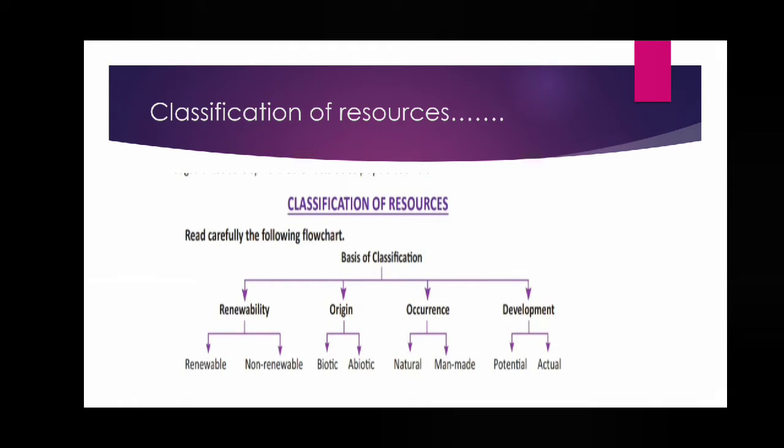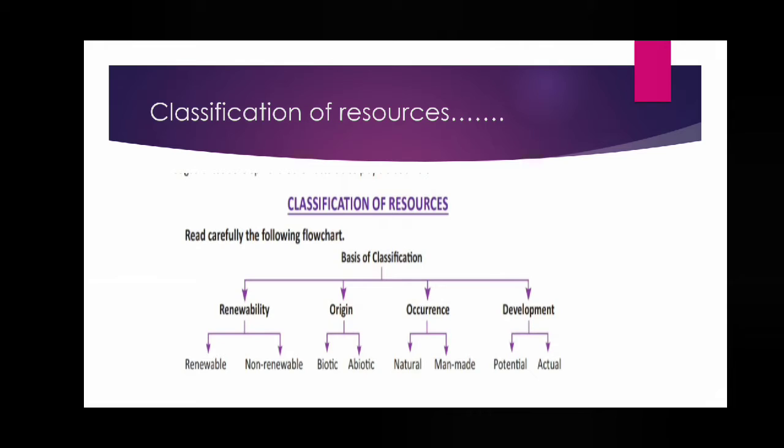Why? Because you have another option. That is called potential. You know it can fulfill your needs, it has huge capacity to fulfill your demand, but you are not using it because you have other options. So it is called potential. But actual means you have started to use it and you are fully dependent on it.